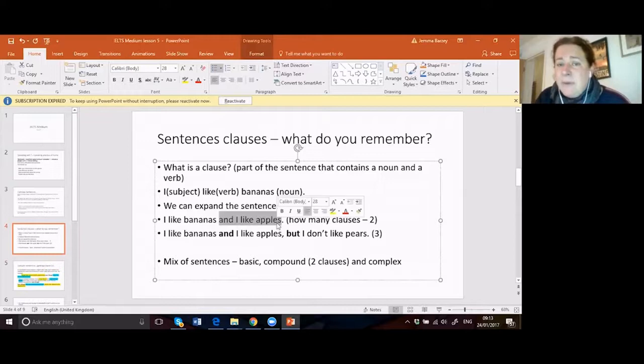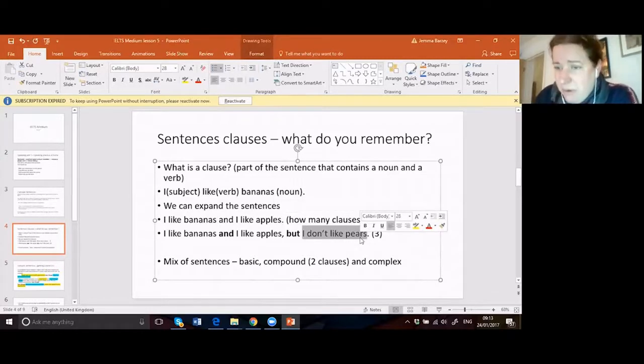I like apples. I understand this, and I don't need to say I like bananas, okay? So each clause, I like bananas, I like apples, and I don't like pears, I can understand on their own. I could say to you, I don't like pears, and that would make sense, okay?